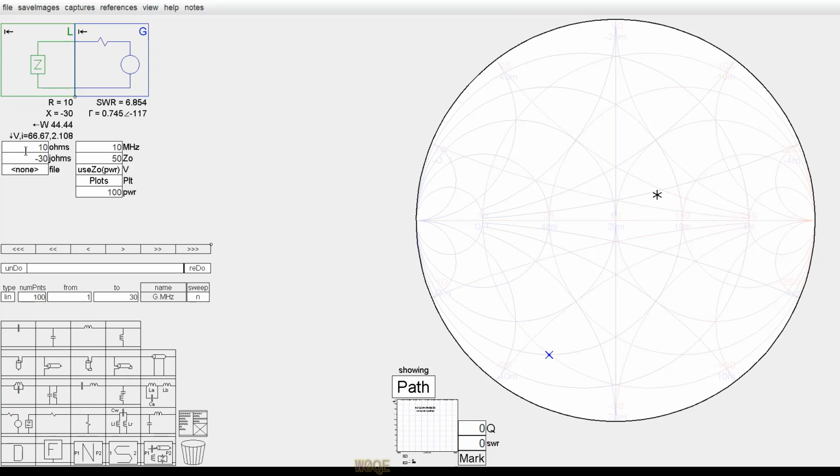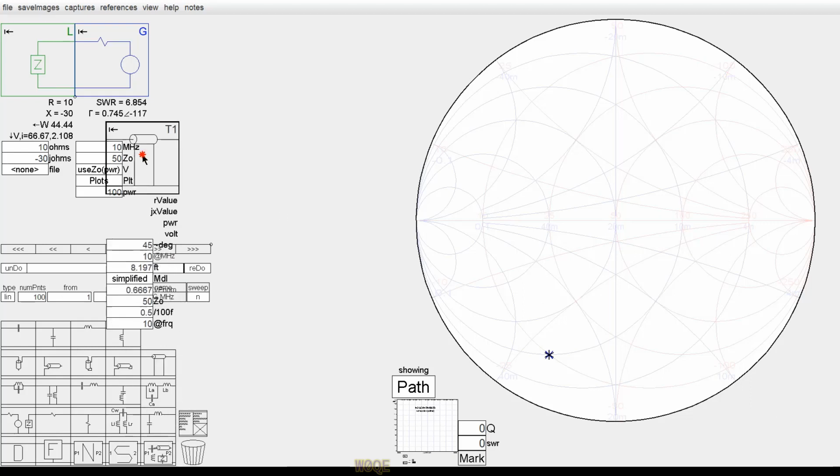All right, 10 minus j30. 10 minus j30 represents an SWR of 6.85 to 1. Similar SWRs could be seen on an 80-meter dipole that's being used at a different part of the band than it's cut for. If it was cut for the CW portion and you want to use it at 3,900 plus kilohertz, you'd see SWRs like this.